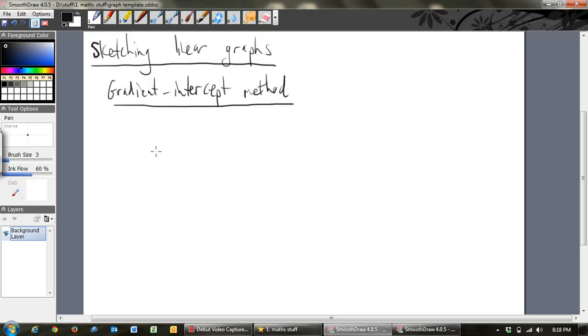Basically, if you know that y equals mx plus c, what that tells you is that m is the gradient, which we talked about, and that c is the y-intercept.